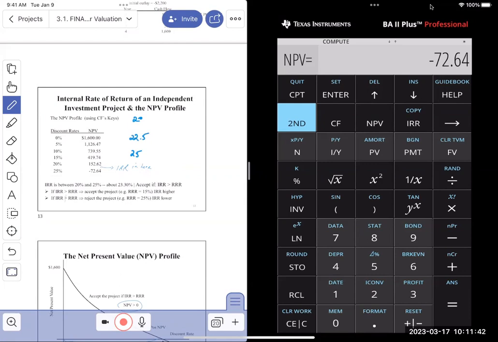Halfway. So what about 22.5%? What do you get? So I want to put in 22.5, enter. 35.32.